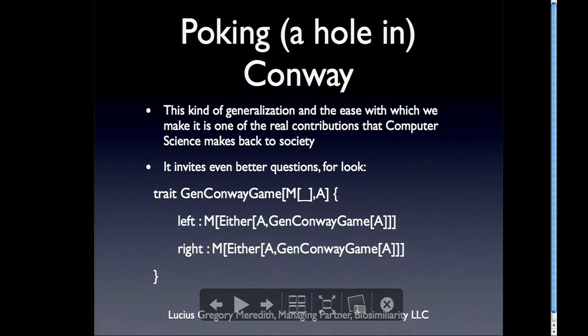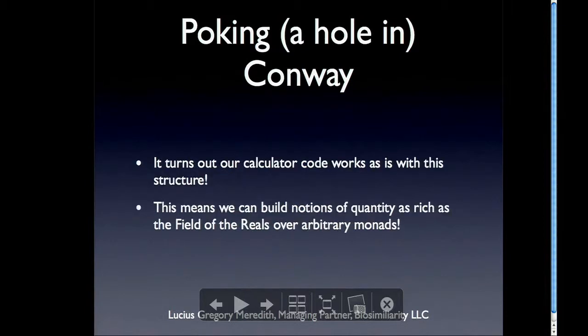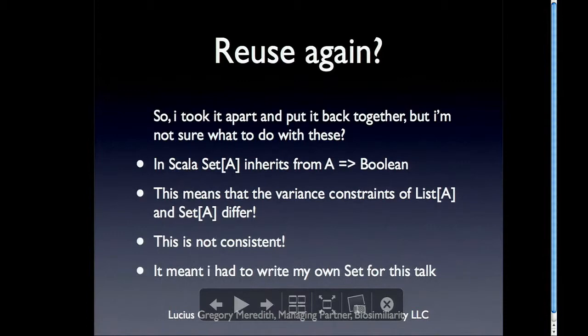Okay? That means, therefore, that we can build notions of quantity as rich as the field of the real numbers over arbitrary monads. So in other words, Conway's beautiful construction generalizes that far, which is, to me, really striking, right?